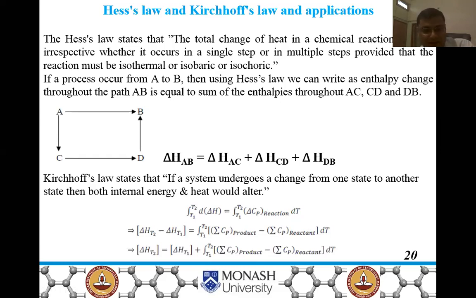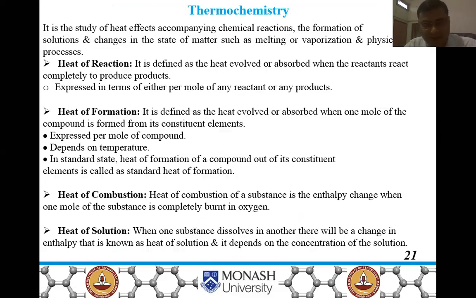So this can be represented as delta H2 minus delta H1 is equal to the integration T1 to T2 of sigma Cp product minus sigma Cp reactant into dT, and delta H2 is equal to delta H1 plus the integration T1 to T2 of sigma Cp product minus sigma Cp reactant into dT.